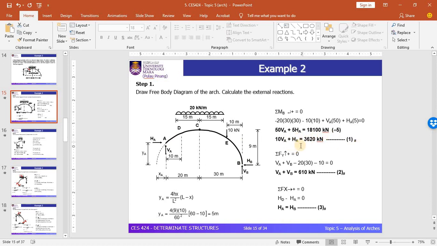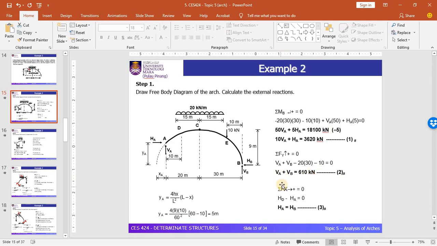We still couldn't solve the reactions at the support of our arch, so by considering another equilibrium equation, which is the summation of force in the vertical equal to 0, we have VA plus VB minus all the load, the UDL load, which is 20 multiplied by 30, and the 10 kilonewton point load. This gives another equation, the second equation: VA plus VB equal to 610 kilonewton.